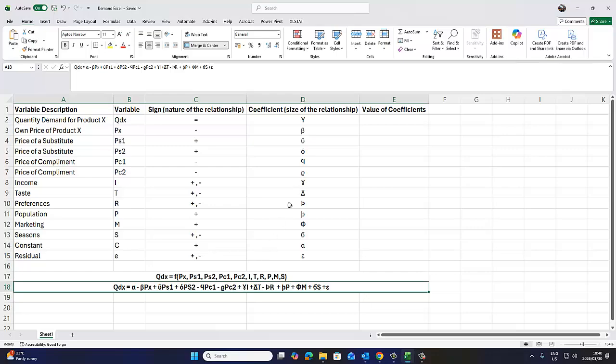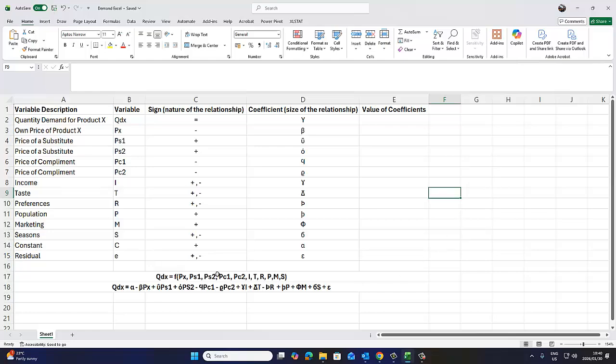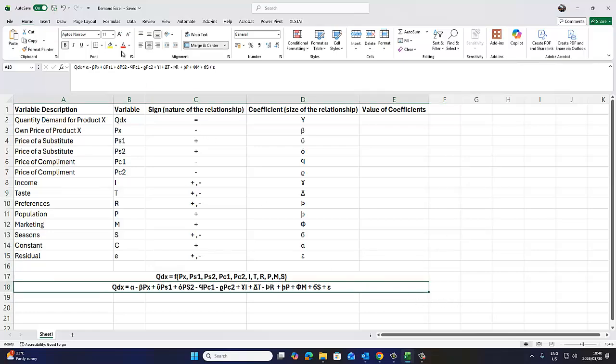Then plus that sign and income, plus that sign and taste, minus that sign and preferences, etc. And at the end, we have the error term, which is everything else. Make sure the spacing is sorted. Good, and there's my equation.